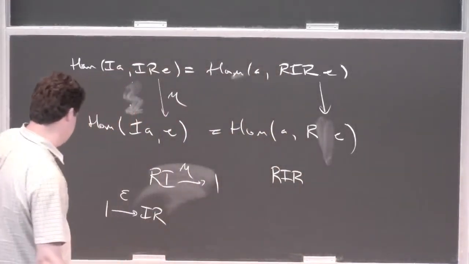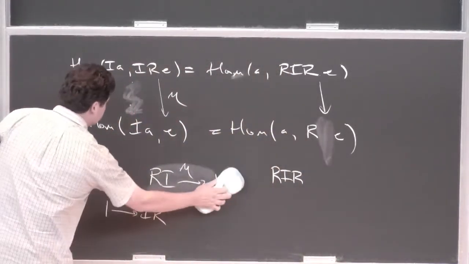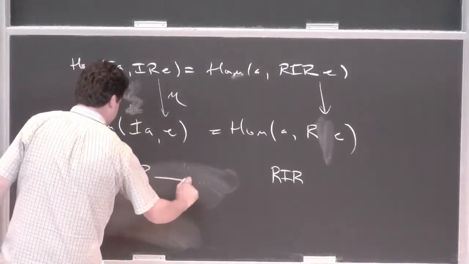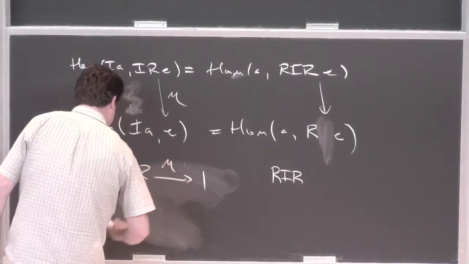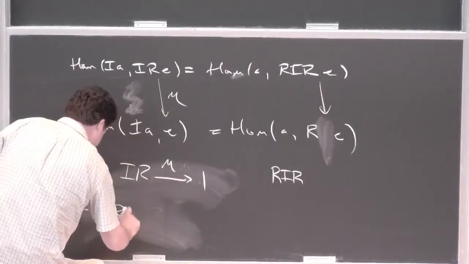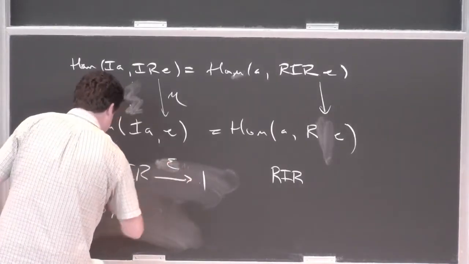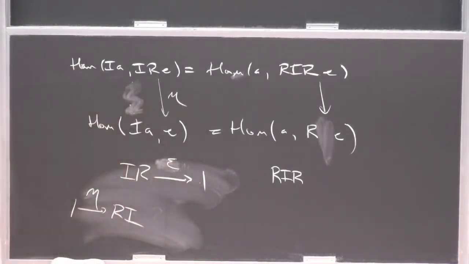Are these backwards? Yes, they are backwards. Thank you. There's a lot of left and right to mess up here. This should be epsilon, and this should be eta. Thank you.